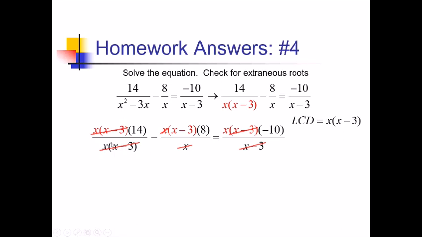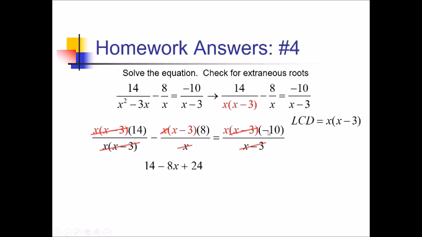So after the dust settles on this first fraction, all that's left is this 14. For the next fraction, we had an 8 and an x minus 3, which I can distribute. I also have this negative to be careful with here, so I'm going to think of this as negative 8 being distributed. So negative 8 times x is negative 8x. Negative 8 times negative 3 is positive 24.